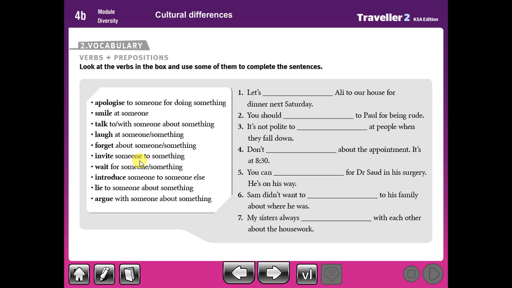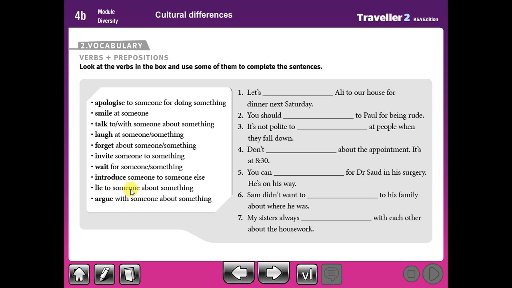Invite someone to something. I invite my friend to have dinner at home. Wait for someone or something. I wait for my friend. Introduce someone to someone else. I introduce my friend Ali to my friend Khaled.